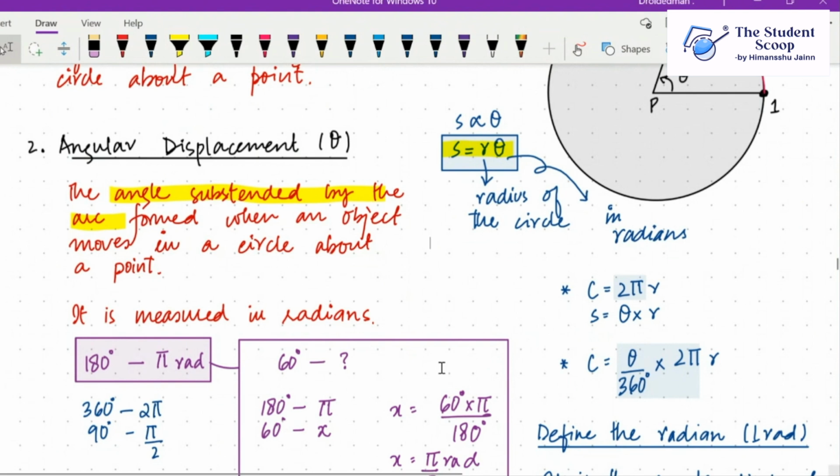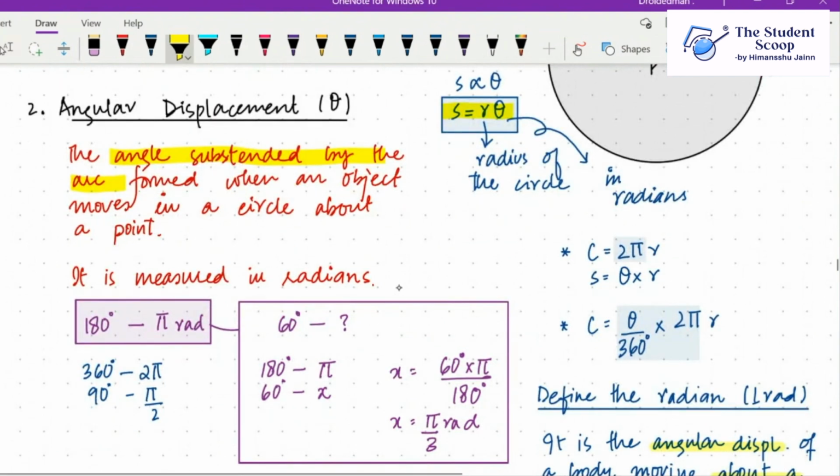If I give you any angle, for example theta in degrees, we can convert that by multiplying by pi over 180 to get it in radians. That is the basic conversion that we have.